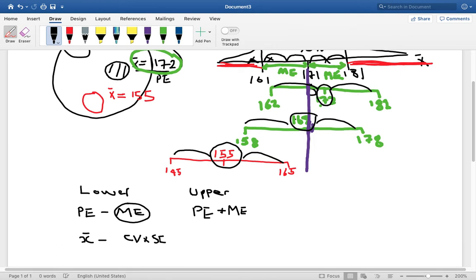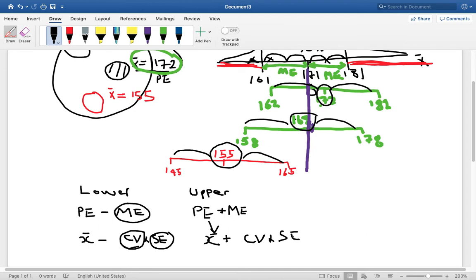This is the number of standard deviations. But when we're dealing with the X bar distribution, remember that we call the standard deviation the standard error. So it's the number of standard errors you must add in to generate a particular confidence interval. And likewise, the upper limit is going to be X bar plus the critical value times the standard error.